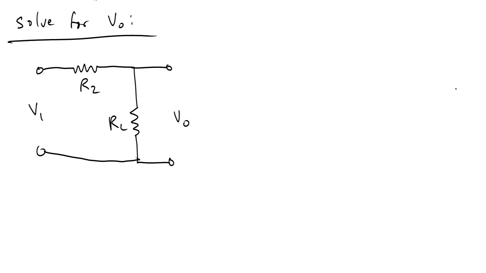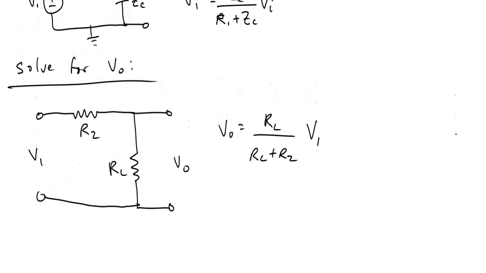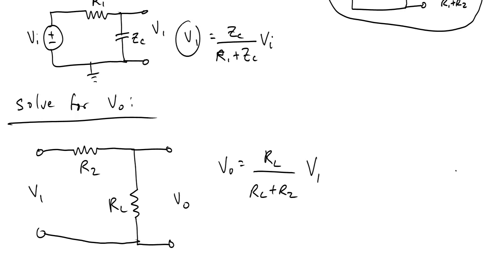Taking this voltage divider equation, we have V out equal to RL over RL plus R2 times V1. Let's plug in what we've got for V1 above into V1 down here.